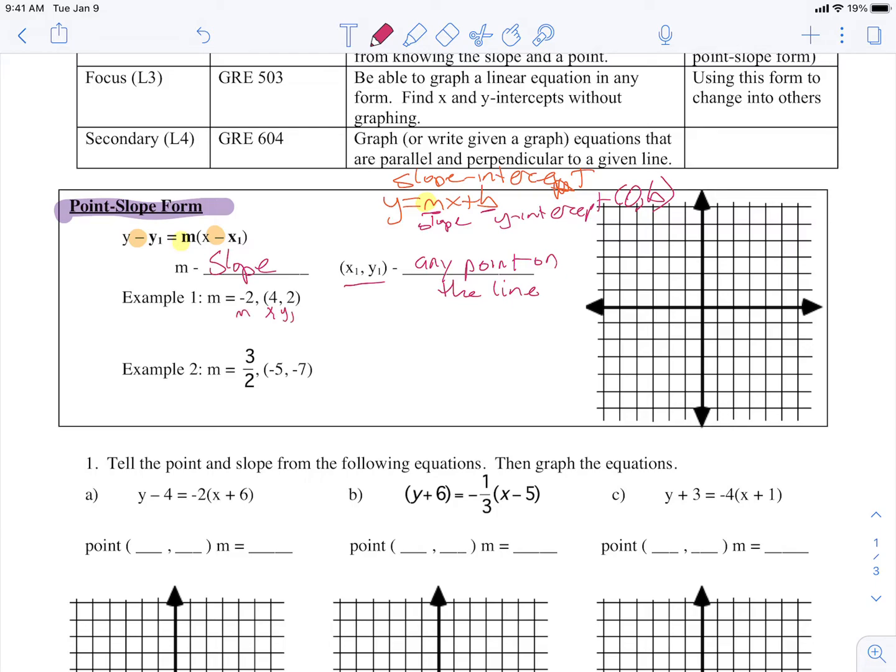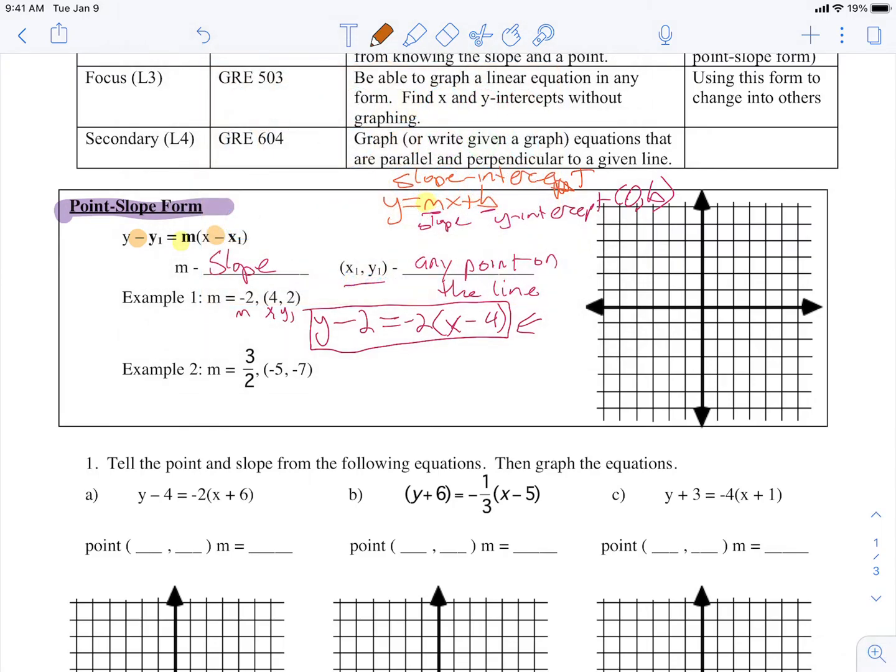And so in order to write this equation, it's just going to be y minus 2 is equal to negative 2, parentheses, x minus 4. And leave it. I know it's very tempting to distribute that negative 2 because you see it with parentheses and you're like, I know I got to distribute. Just don't. You don't have to distribute. Just leave it. This is the correct point-slope form.